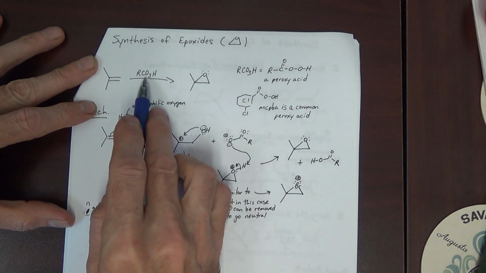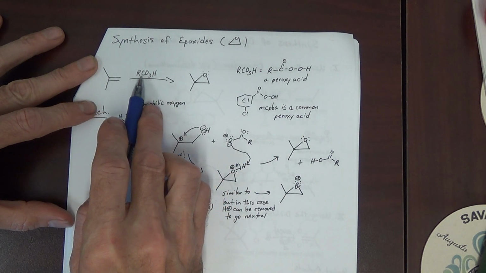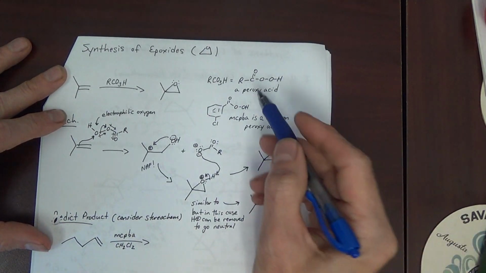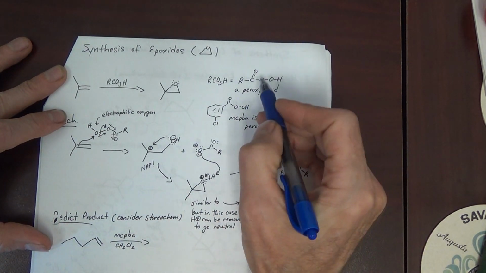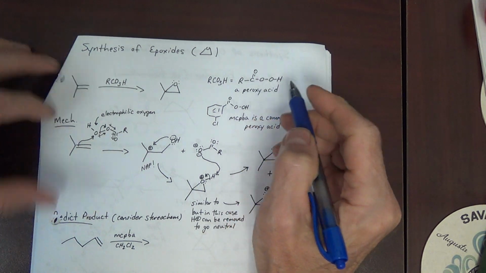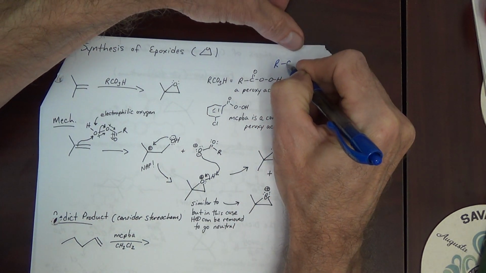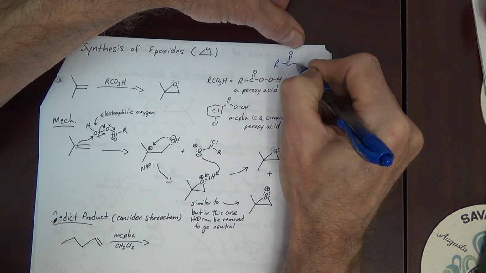That can be condensed down to an R group CO3H, and a Lewis structure for that is analogous to a carboxylic acid, which would be carbonyl OH.